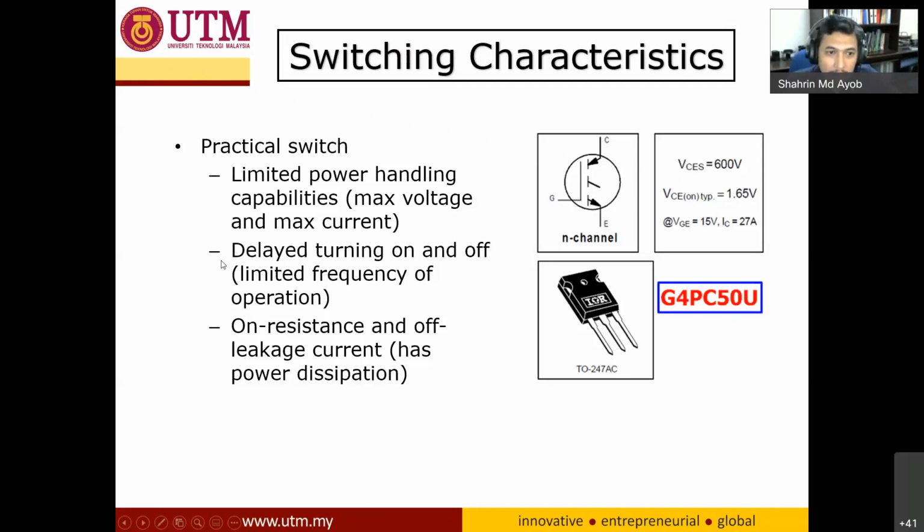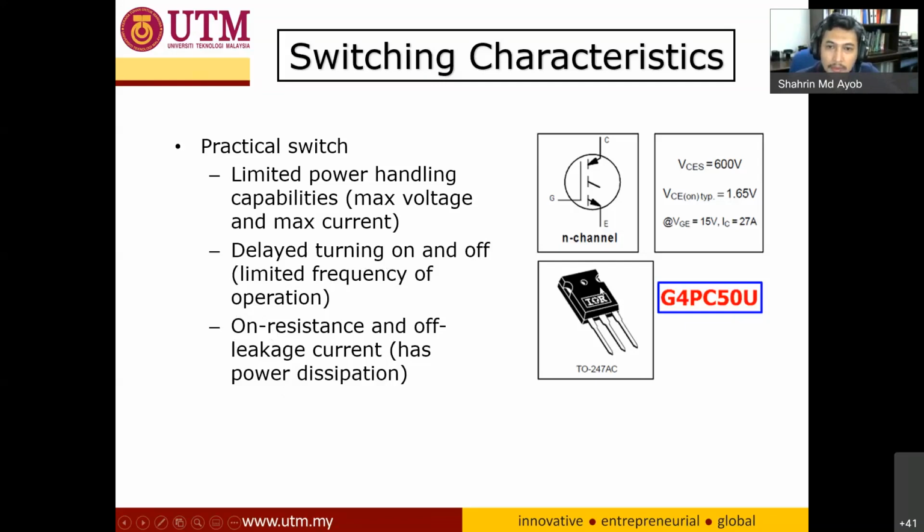And the second one is the delayed turning on and delayed turning off. And the third one, it has some power dissipation because of the internal resistance inside this device.